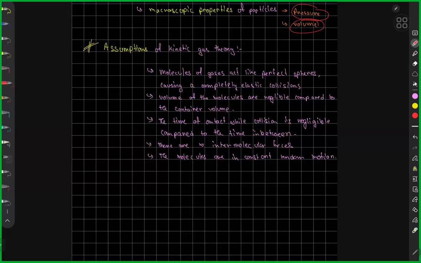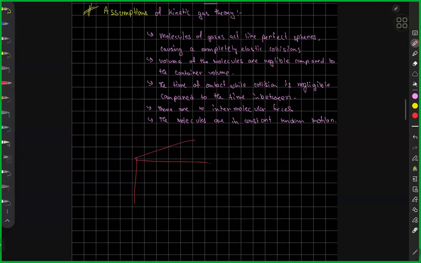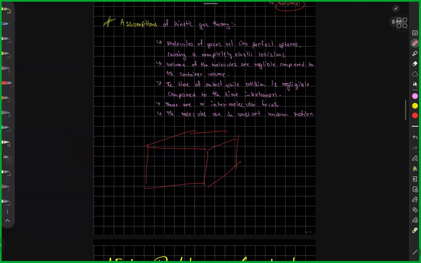Why is this necessary? Because we consider the momentum to be conserved, and we consider the energy to be conserved inside. You will observe this when we derive the pressure formula, and also the kinetic energy formula.